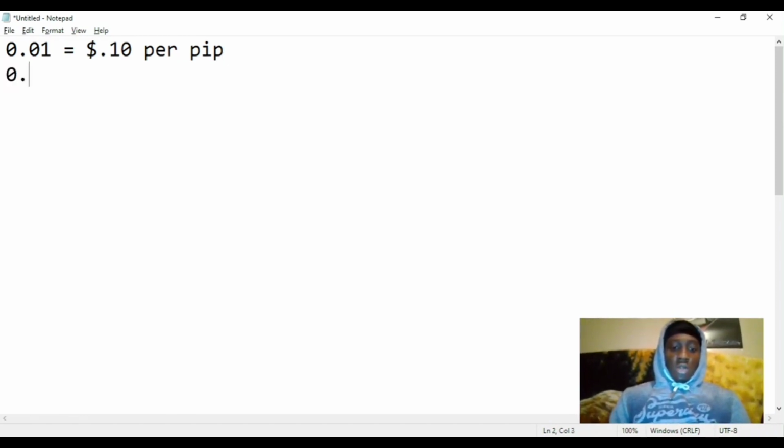Let's say you wanted to do a 0.02 lot size. All you have to do is move the decimal point over to the right one time, right? Now it would be 20. So a 0.02 would equal 20 cents per pip, right? 20 cents per pip.